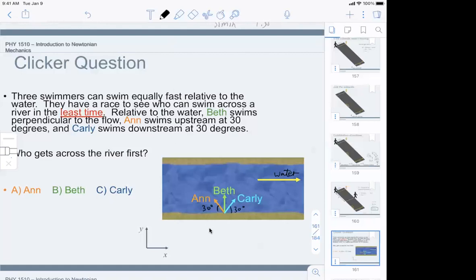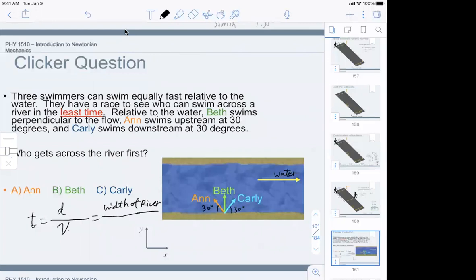Okay, so now let's discuss how we get the answer. The time it takes to cross the river is going to be the distance over velocity. The distance would be the width of the river, so that's the same for all three.